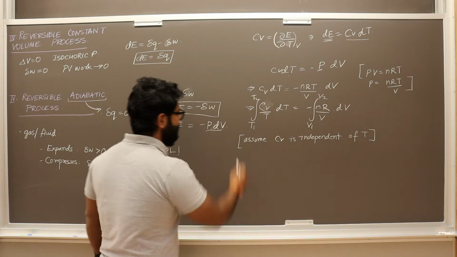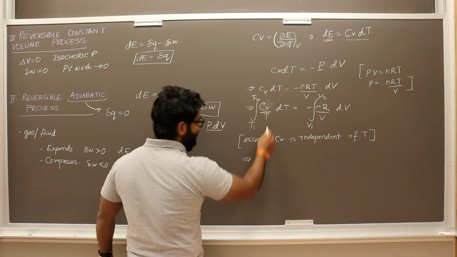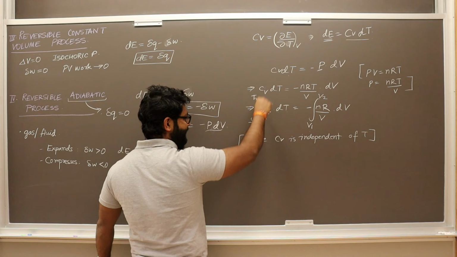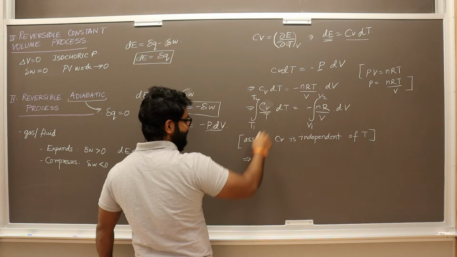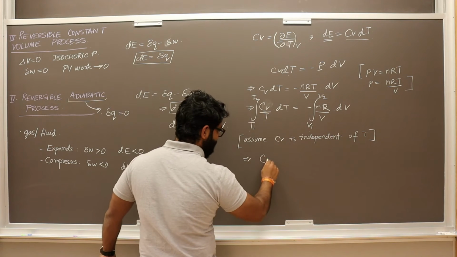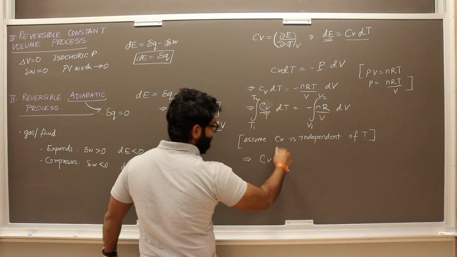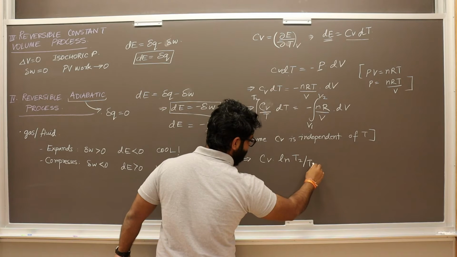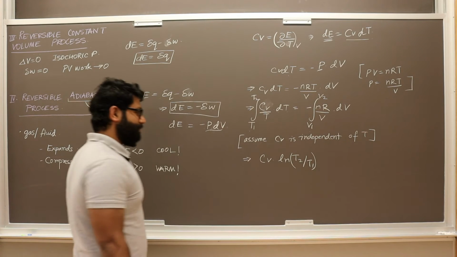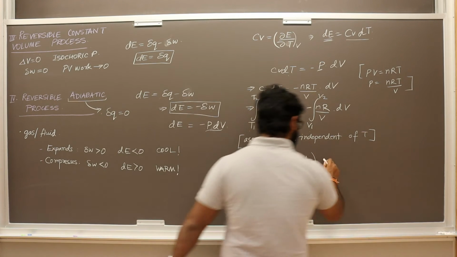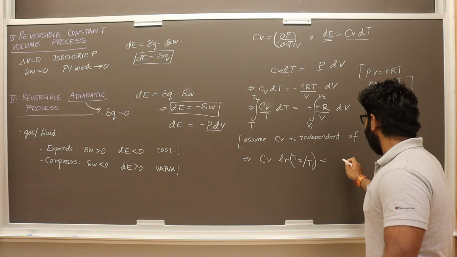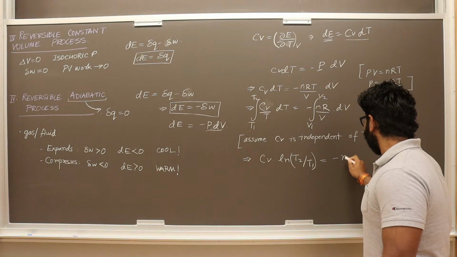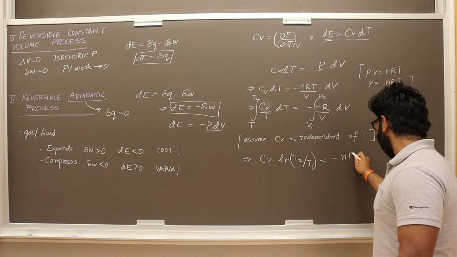Now if I assume this, Cv comes out of the equation, and this becomes dT by T, and I integrate that, so this becomes Cv ln T, okay? Now T is integrated from T2 to T1, okay? Simple. Now in here I have minus n, which is a constant, which I brought out.